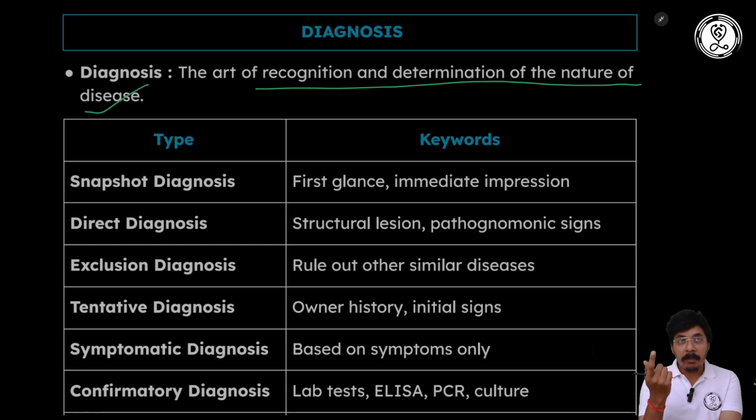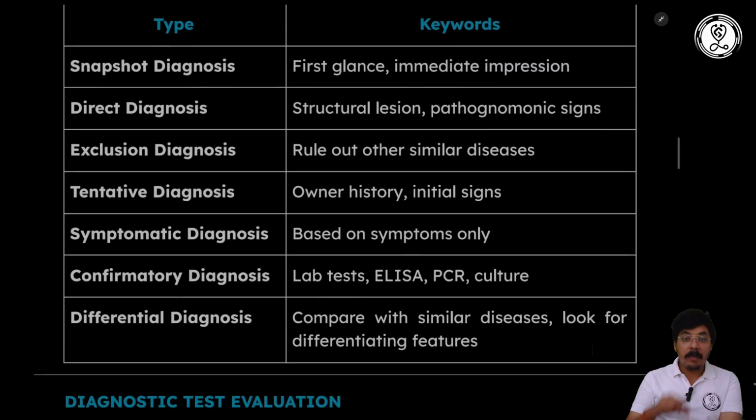It may be laboratory, it may be biochemical, or it may be just with the help of experienced personnel. It depends on the method you are using. That is why it is called an art. But the main motive is to recognize and determine the nature of the actual disease or the infectious agent behind it.